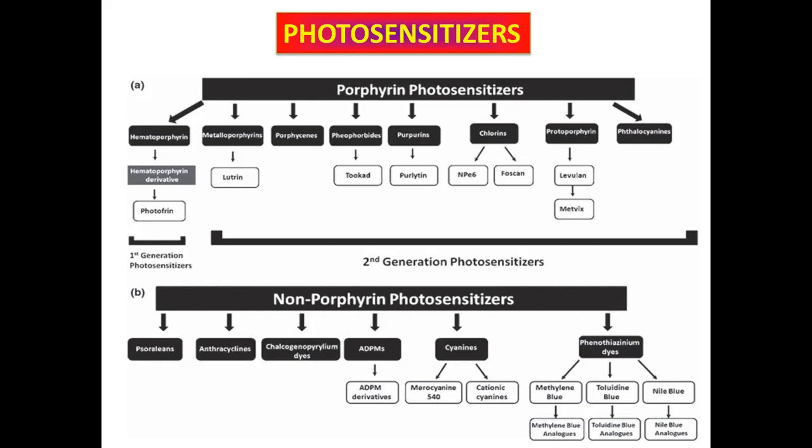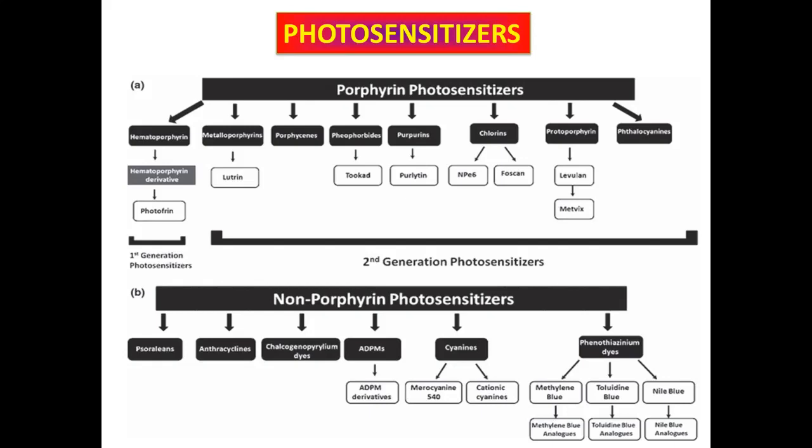So there are different types of photosensitizers we can see. The first one we have seen is porfimer sodium, called Photofrin, belonging to the porphyrin class of families. It was the first photosensitizer approved by the FDA.